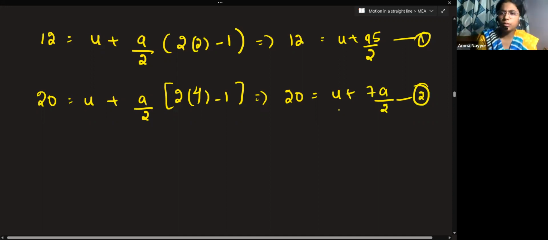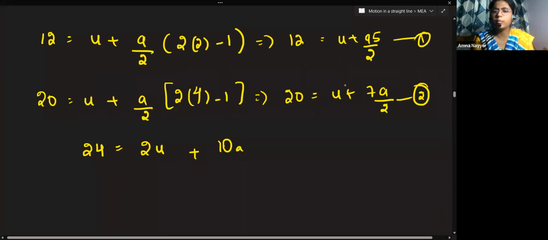Multiply everything by 2 so that the denominator gets eliminated, or you can directly subtract in any way. So this becomes 24 is equal to 2u plus 10a. I'm just multiplying the equations by 2 to get rid of the fraction.